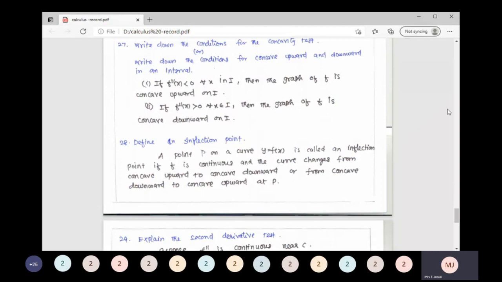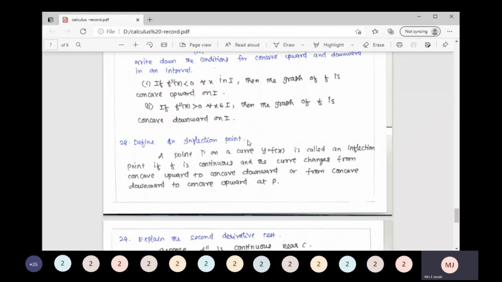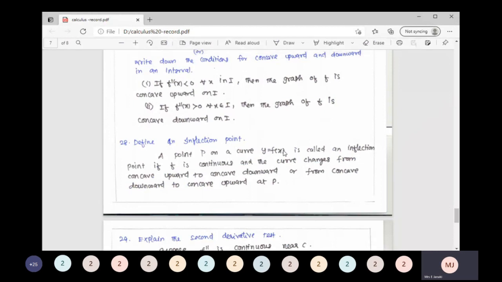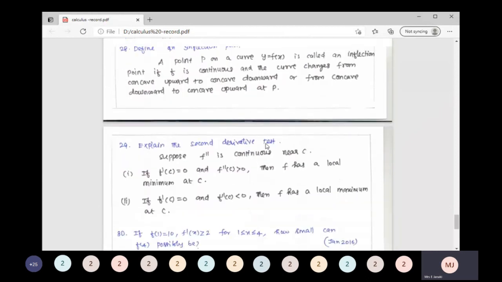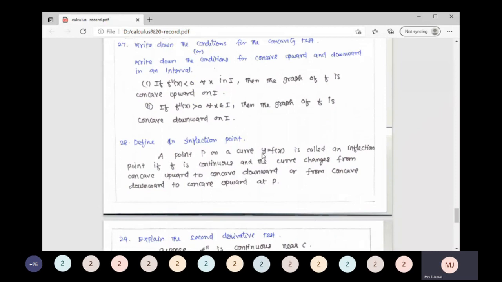So to find the inflection point, for the given function we have to calculate the second derivative f''(x), and we know that if f''(x) is less than 0, then the graph of f is said to be concave upward. If f''(x) is greater than 0, then the graph of the given function is concave downward.